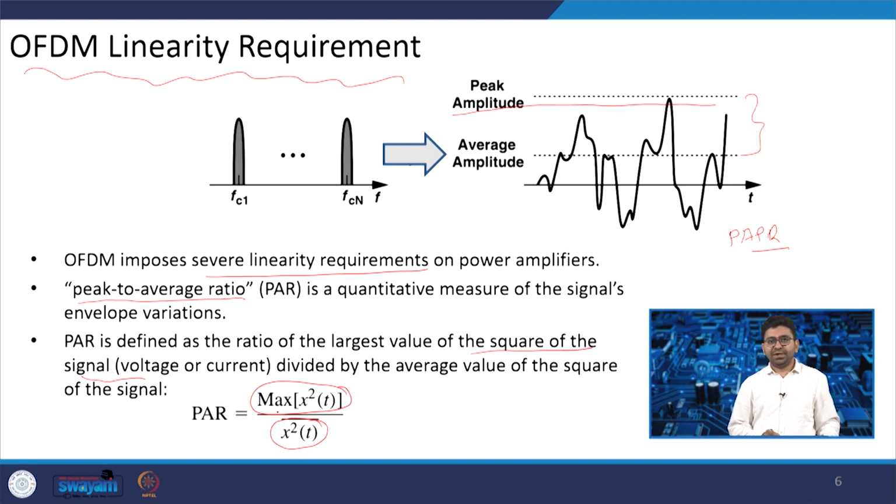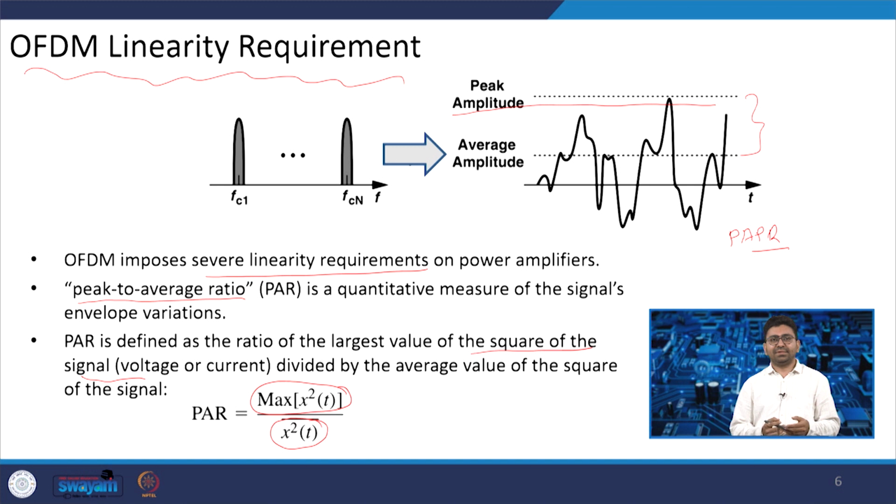In reality we do not want PAR to be high. If PAPR, peak to average power ratio, is high, then the requirement of power amplifier linearity is also crucial, severe. Now, this ratio can also be defined based on, let us say, standards.